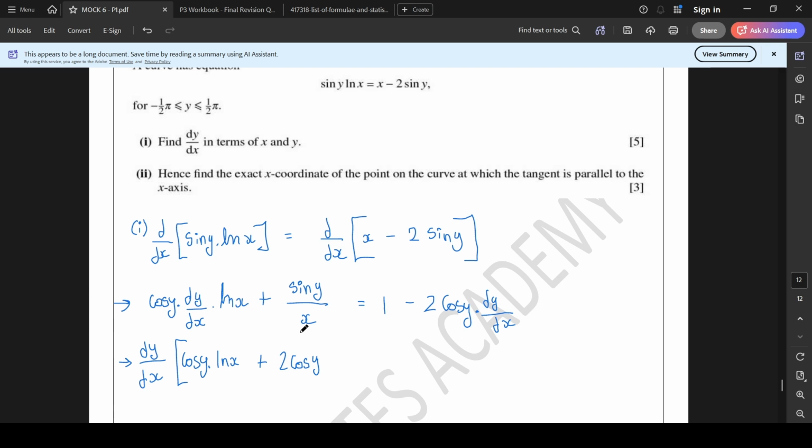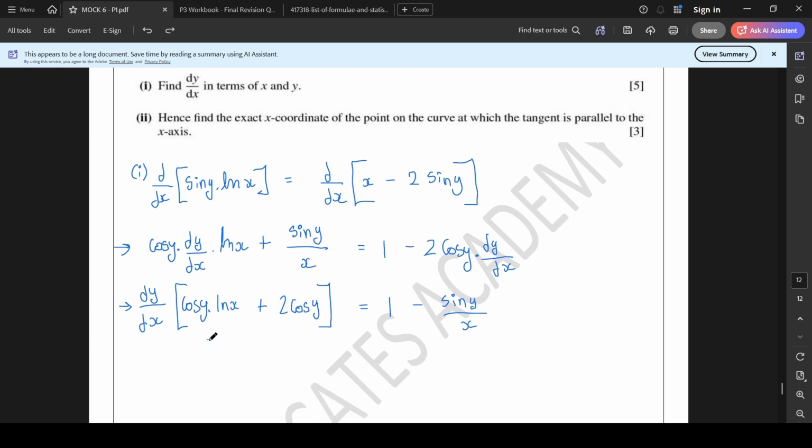Since dy dx was common, I'll close the bracket, and this equals 1 minus sin y over x. Now if I want, I can have a common denominator by multiplying this term and dividing this term with x, and I'll do this in the second step while dividing on the right hand side.